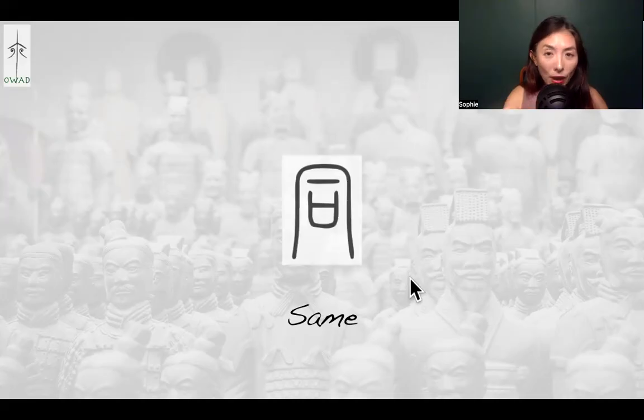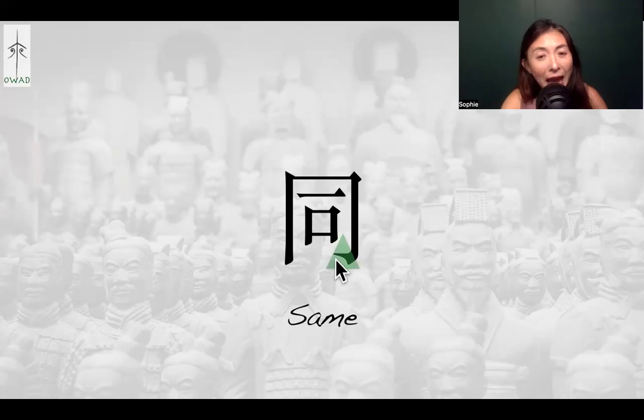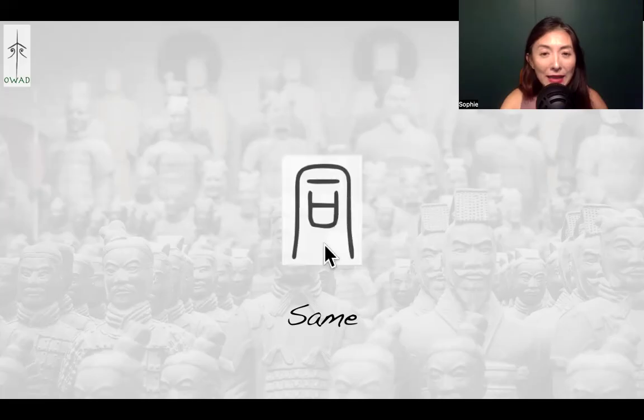And when in written form, this 2000-year-old version got this framework. We add a hook to it so that it's not an open border, like a draping.